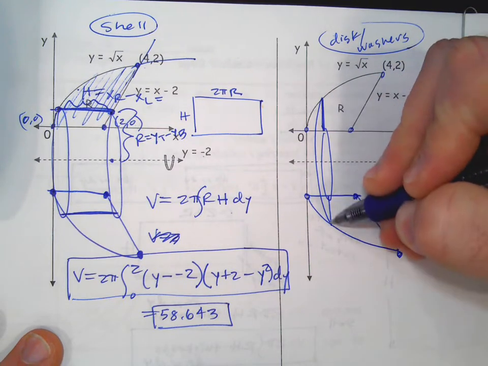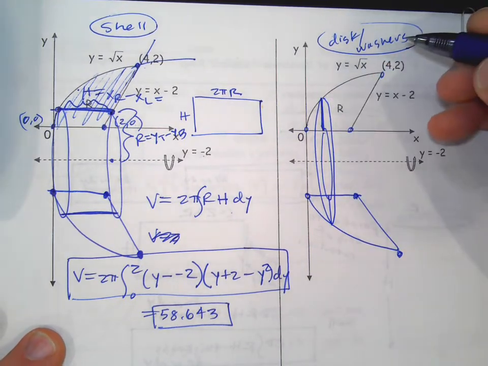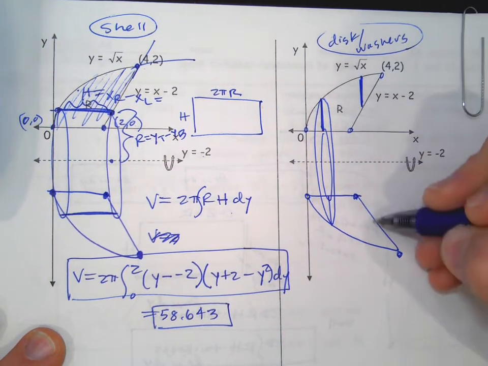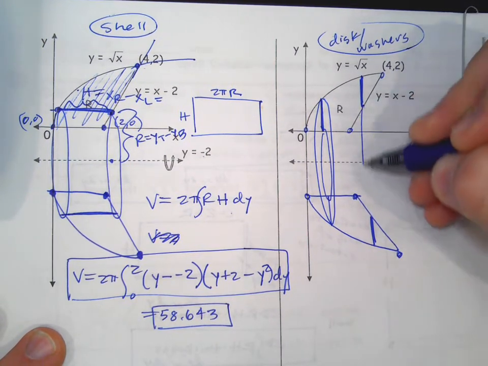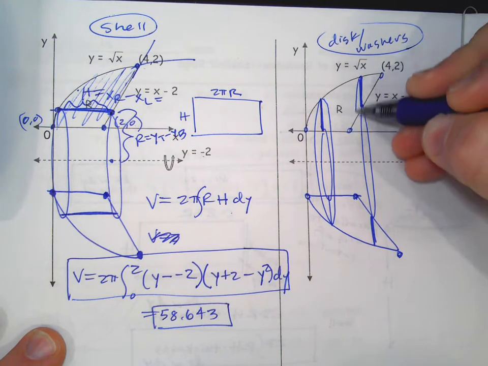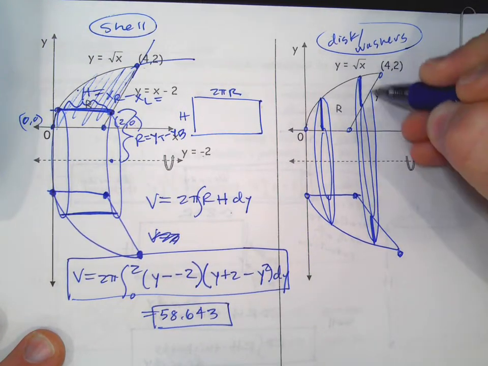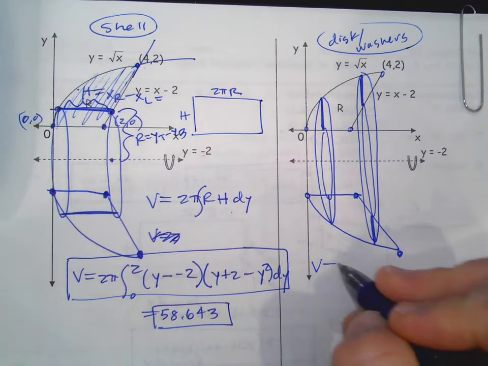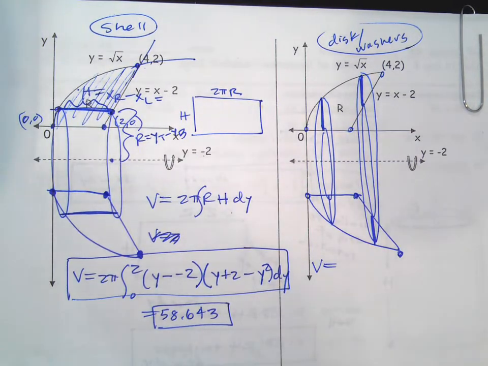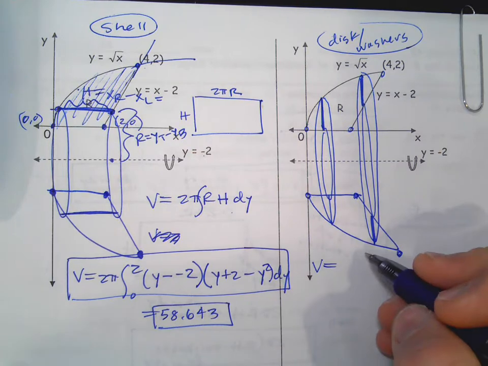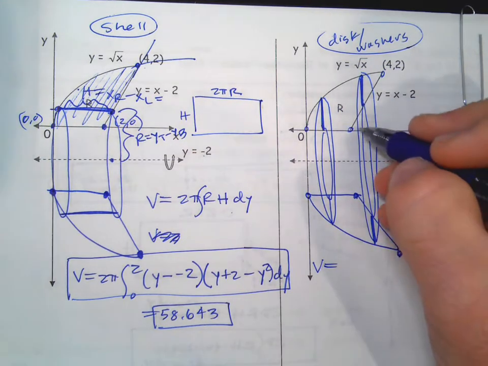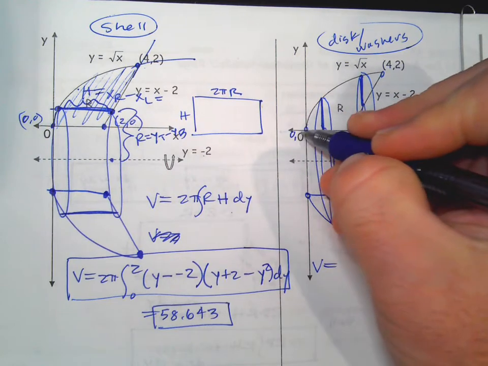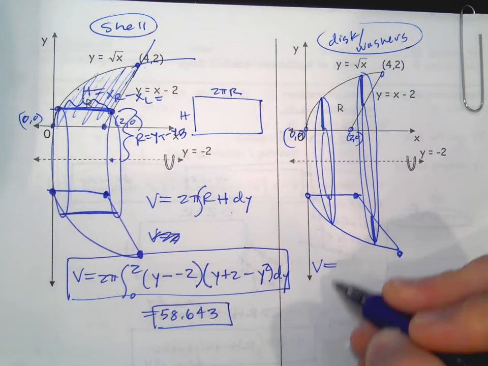Now, here's one of the bad things about this problem: we're going to have to do a separate set of disc washers over here, because what determines that hole changes. So we're going to have to do 2 different sets of disc washers. And that's why shells would be awesome on this one. So the first ones, we're going to go from 0 to 2.